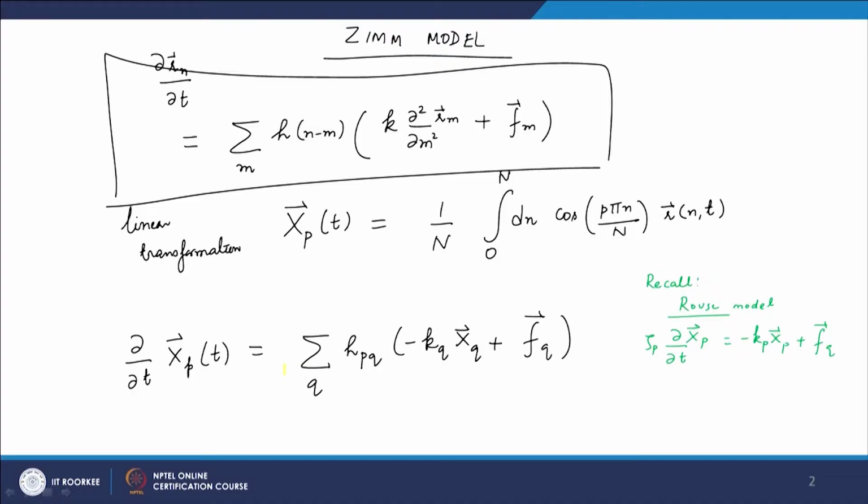Now, since the bead motion is affected by other beads as well, therefore, on the right hand side we have an additional summation happening, and instead of a 1 by zeta_p, we now have a matrix H_pq. So, we can actually solve for H_pq, and H_pq can be written in terms of the function h that we have got earlier.